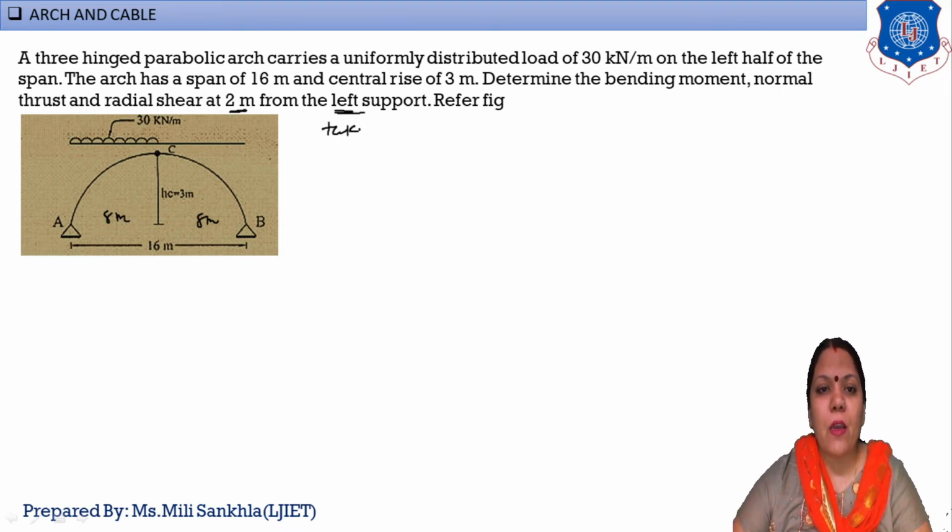Now taking moment about A. Suppose we assume our support reaction VB is in the upward direction. Compare this anticlockwise moment with this clockwise moment. VB with respect to point A, the distance is 16, so VB into 16.